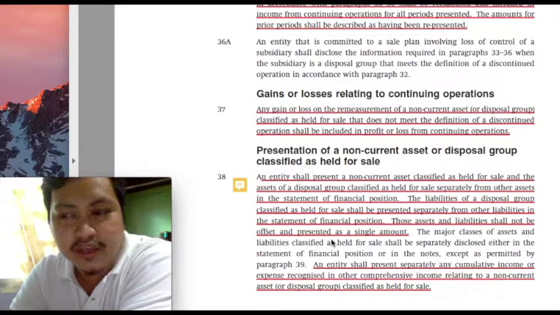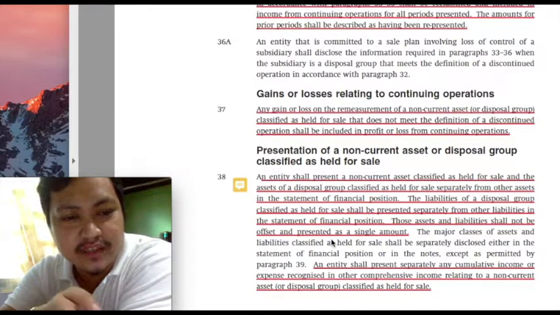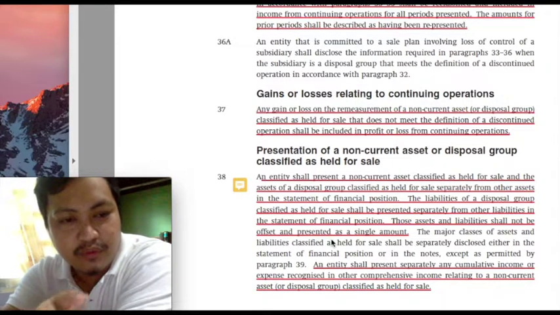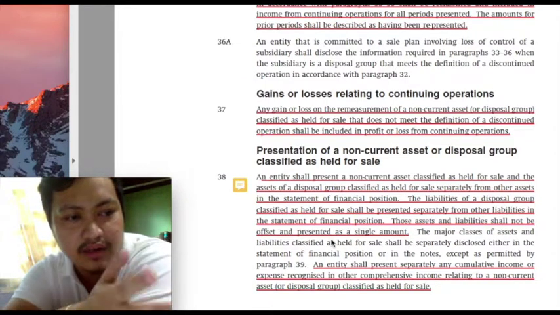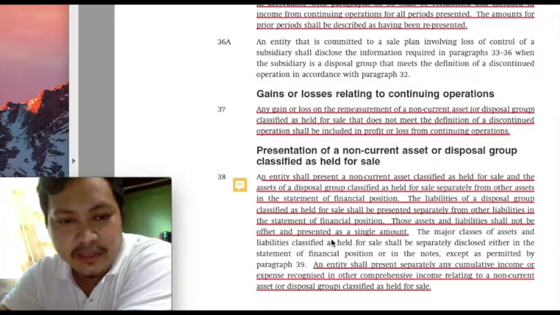But the rule is different for your statement of financial position. You do not present the assets and liabilities net of each other, class. The assets of the disposal group will still be part of the assets of the entire entity. The liabilities of the disposal group should still be presented in the liability section of the balance sheet of the entity.